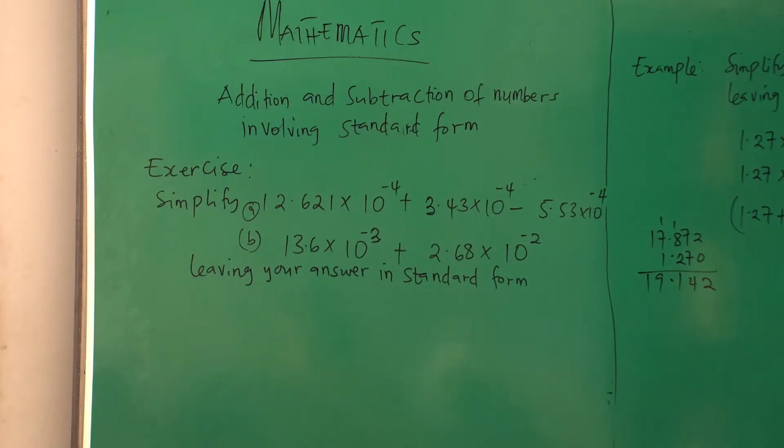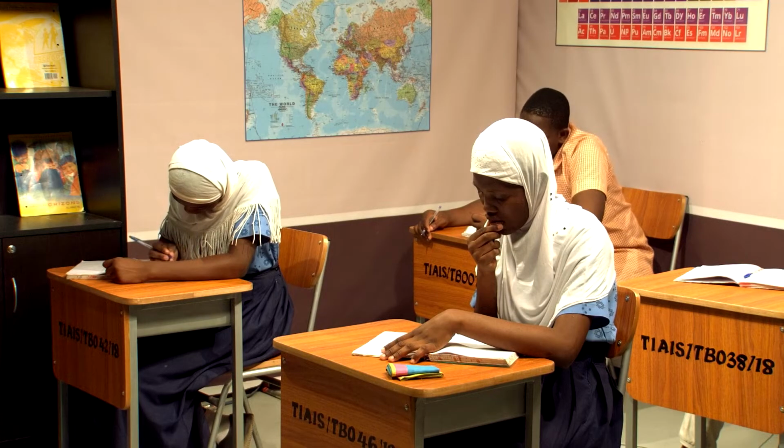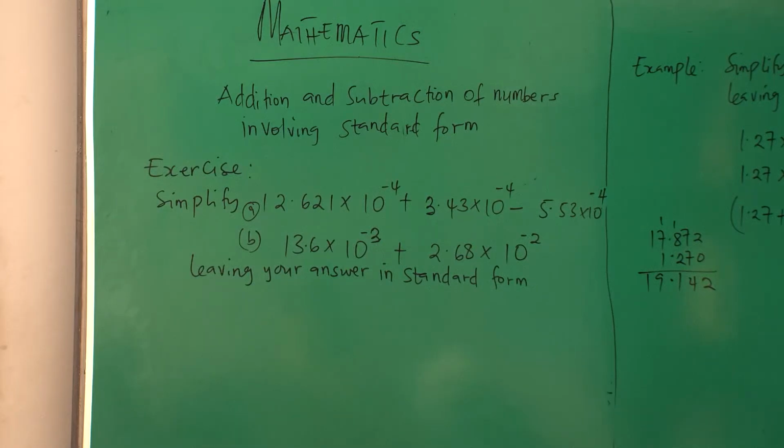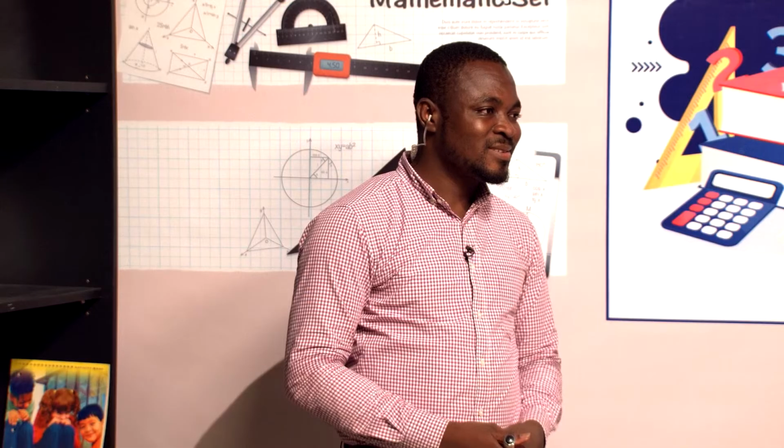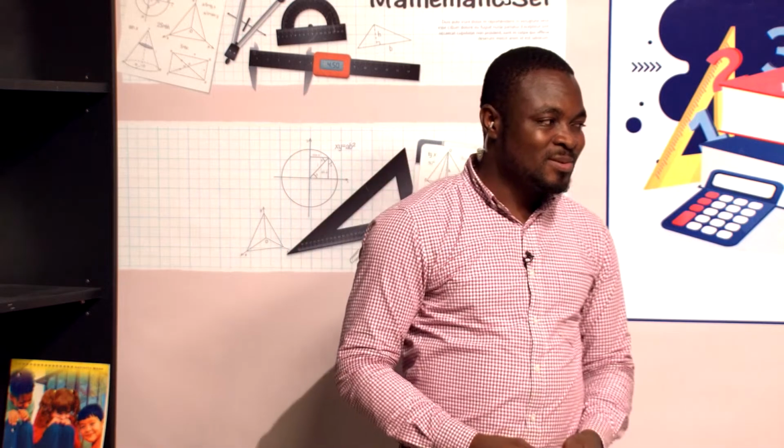Or you are still working? The first one. Okay. Hekma, is Richard right? 1.0521 times 10 raised to the power negative 3. Is it the same as Richard's answer? Okay.